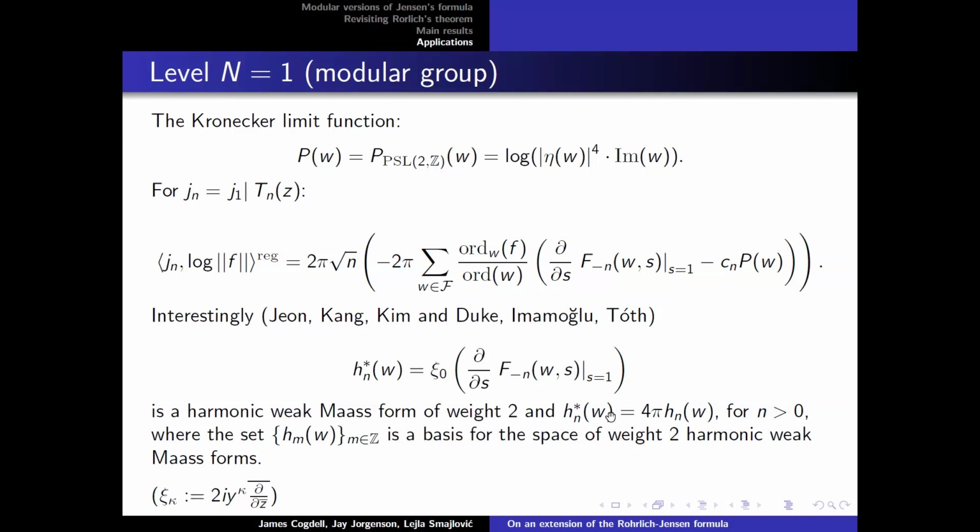And moreover, for positive n, it equals 4 pi times H_n(w), where H_m(w), for m now running over all integers, is a certain basis, I did not write it explicitly here for negative m's, for the space of weight 2 harmonic weak Maass forms, and this basis was deduced by Duke, Imamoglu, and Toth.